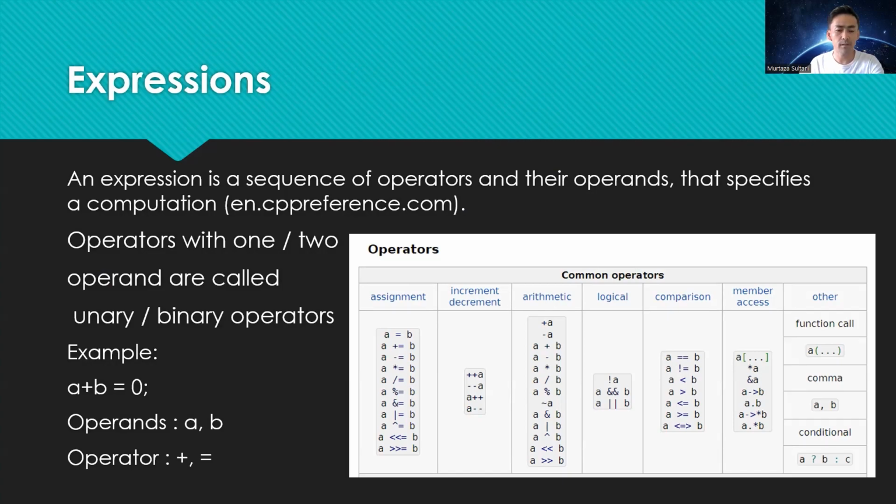If we have an example here, for example, a plus b equals 0, here a and b are the operands, whereas the operators are plus and equal. Operators with one or two operands are called unary or binary operators.